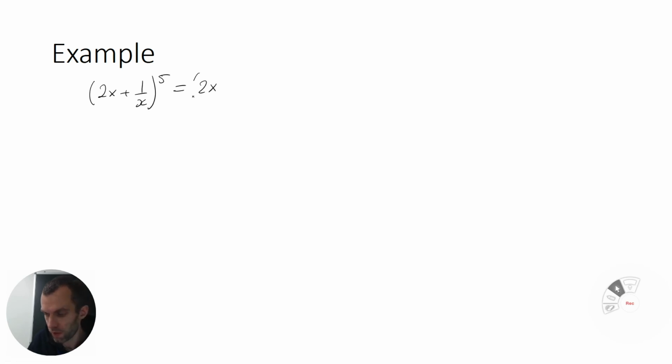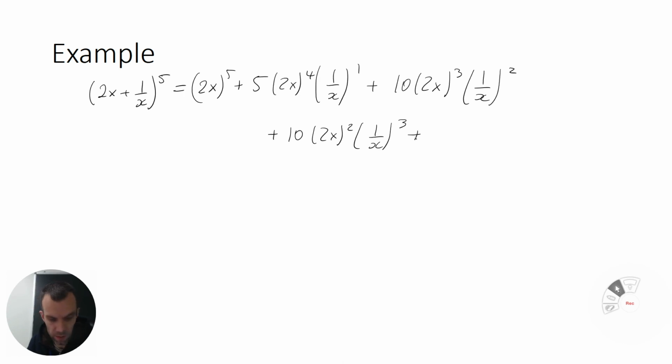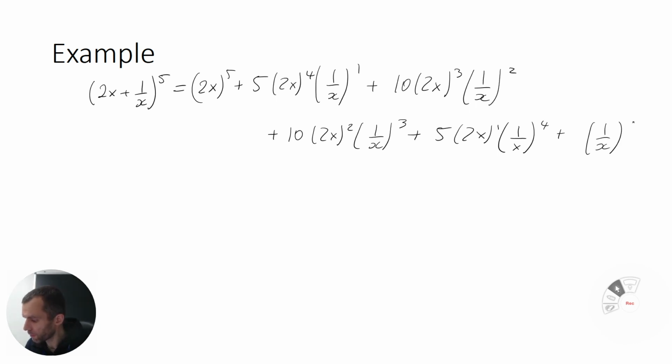So we get 2x to the 5, 5 times 2x to the 4, 1 over x to the power 1, 10 times 2x to the power 3, 1 over x squared, plus 10 times 2x squared, 1 over x to the power 3, 5 times 2x to the power 1, 1 over x to the power 4, plus 1 over x to the power 5.